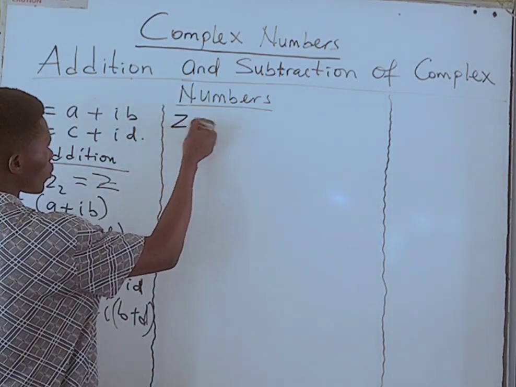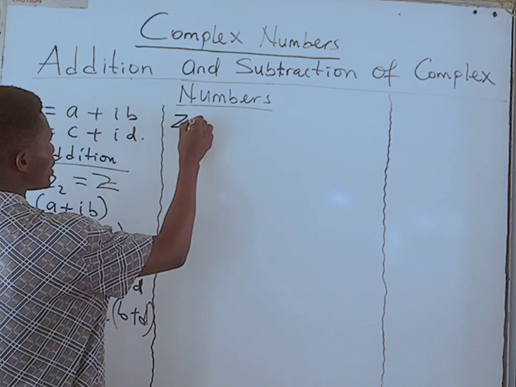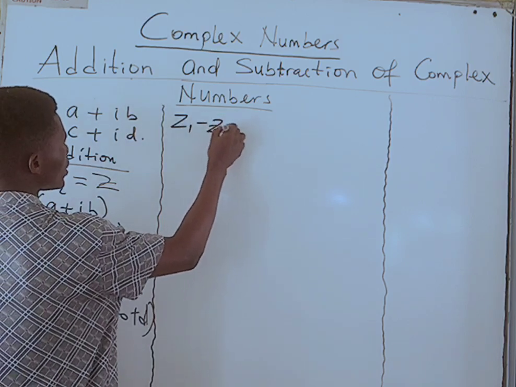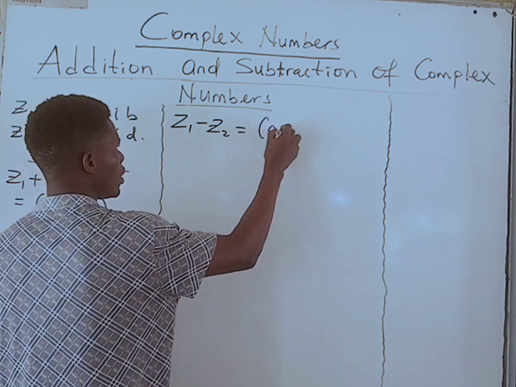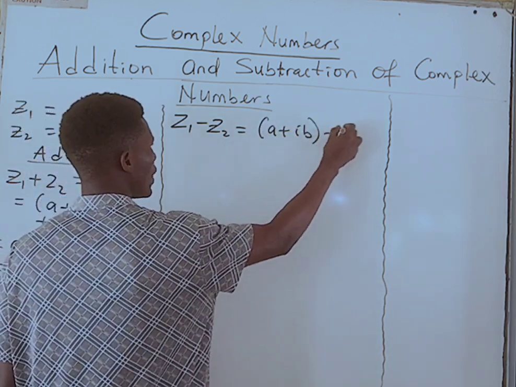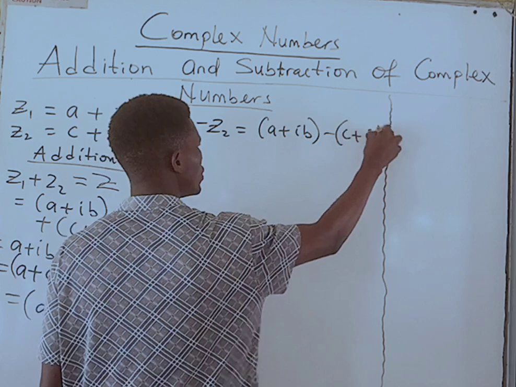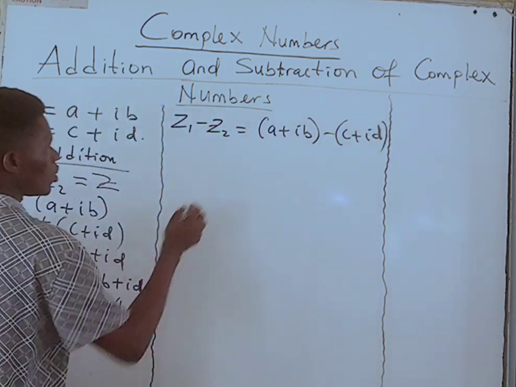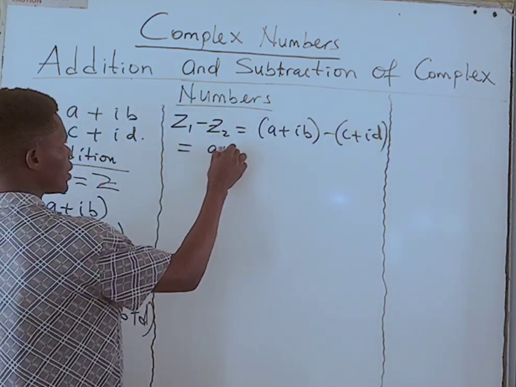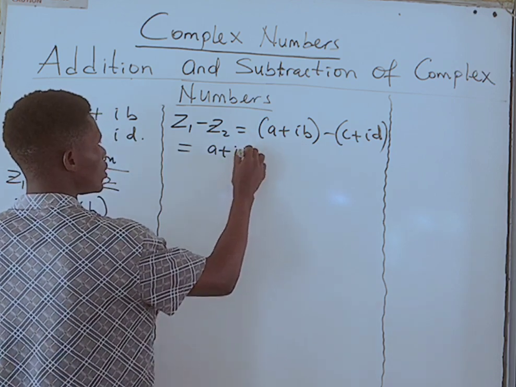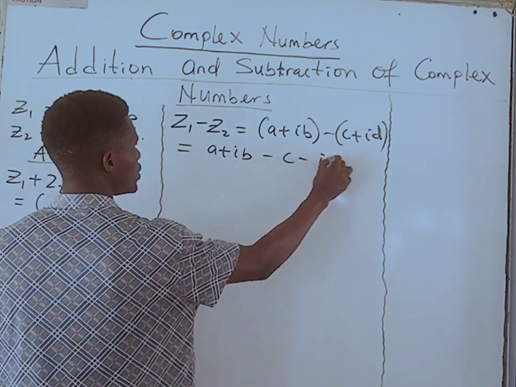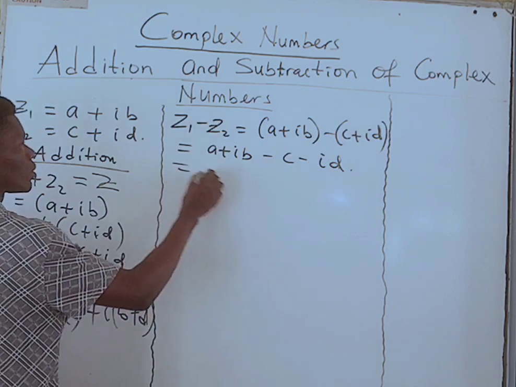And similarly, for the difference, which is subtraction, we have Z1 minus Z2 equals our first complex number A plus IB minus C plus ID. Again, we expand the bracket: A plus IB minus C minus ID.